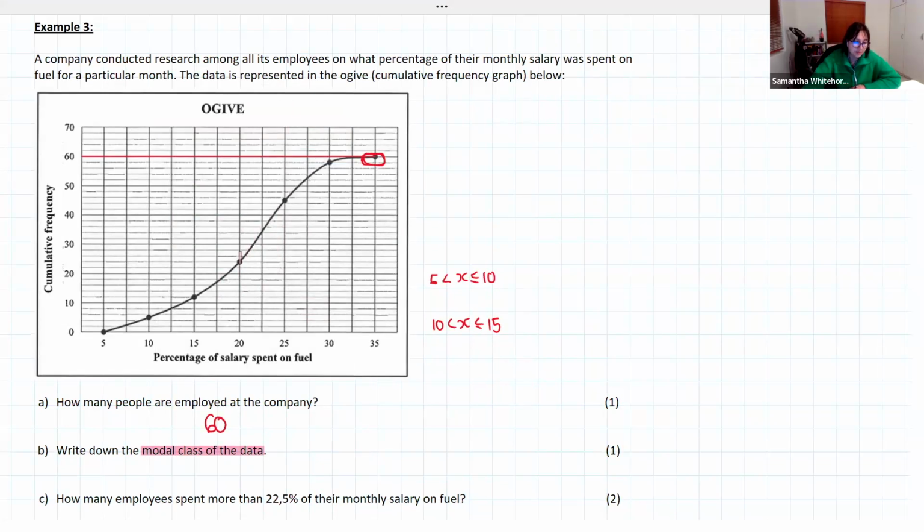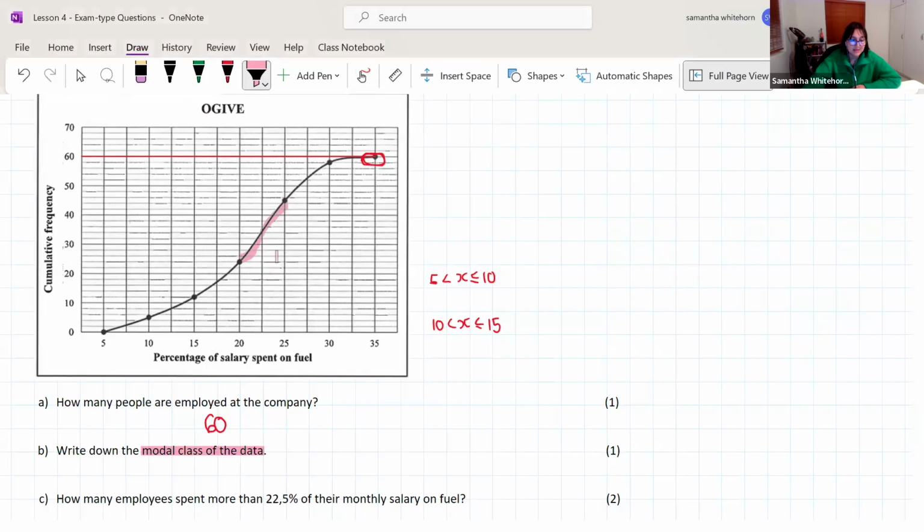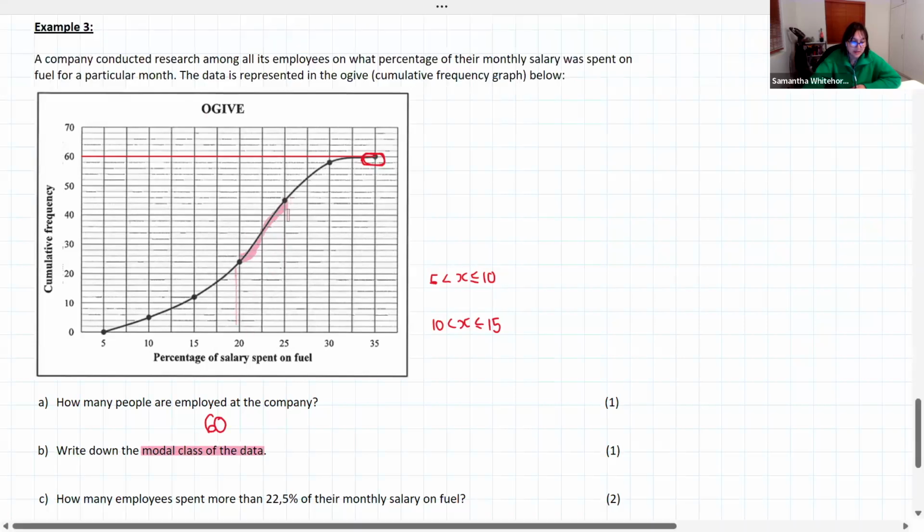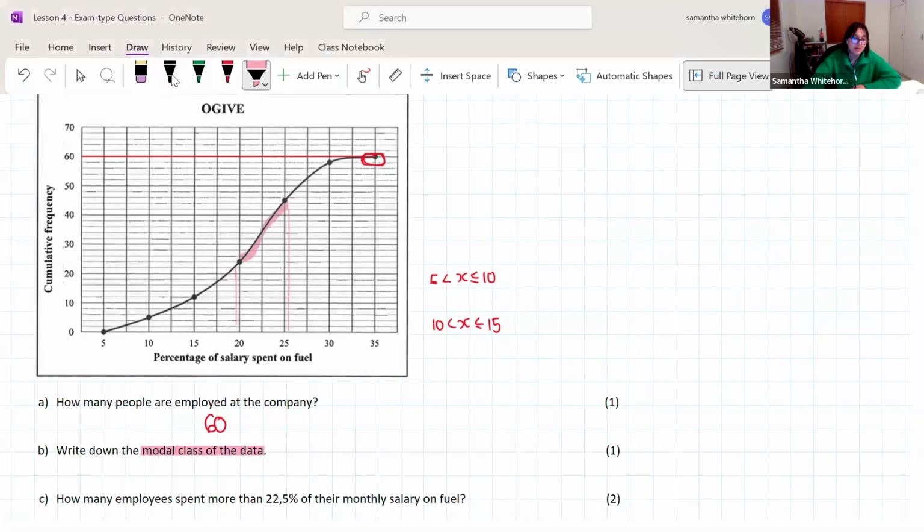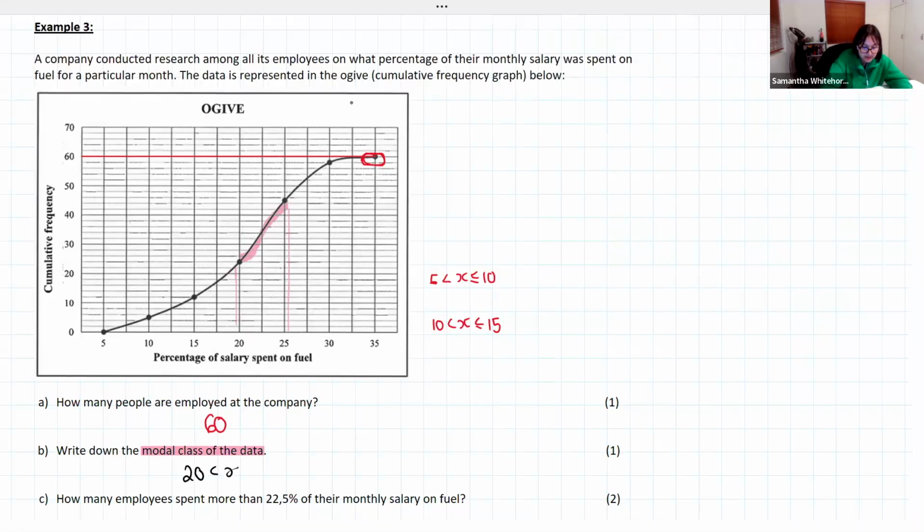Now, the biggest jump from point to point is this section over here. That's the greatest distance between points. And so what that means is that the interval between 20 and 25 is my modal class. So between 20 and 25. Remember, 20 would have been included in the interval before at its endpoint. So 25 is included.